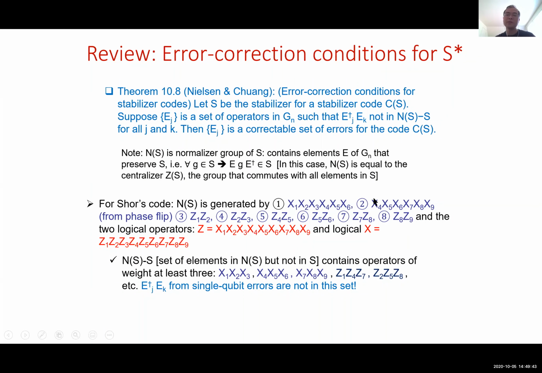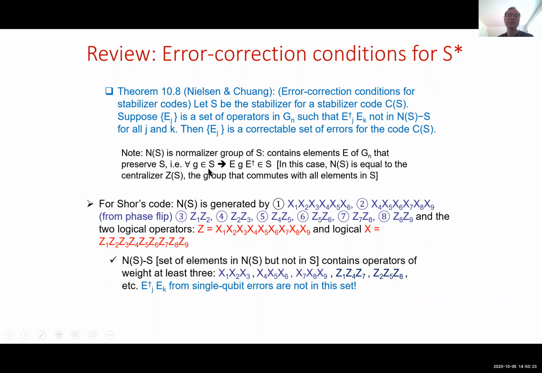Okay, but the upshot is that these are the stabilizers, at least the independent generators, such that when these operators are applied to the code, it returns the code itself. So if you measure the stabilizer and see a minus sign, you can determine the syndrome. But the condition for error correction, the correctable condition, involves the so-called normalizer group of the stabilizer group.